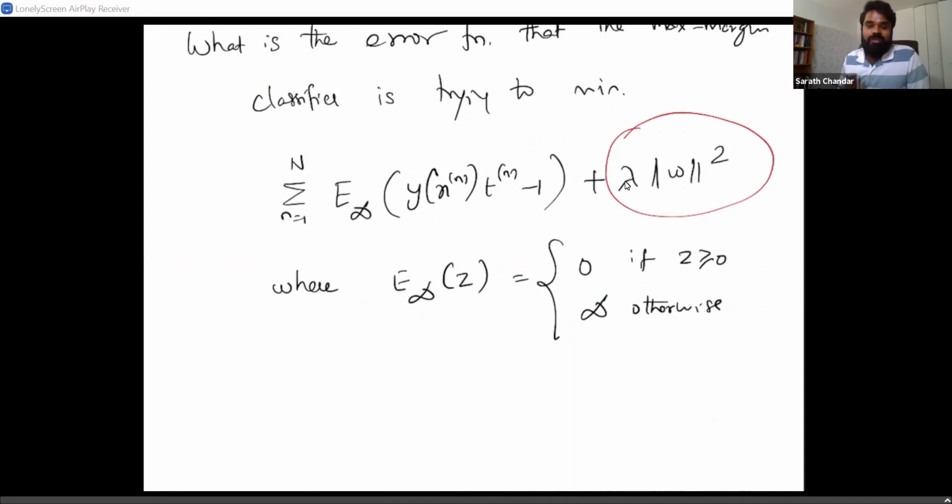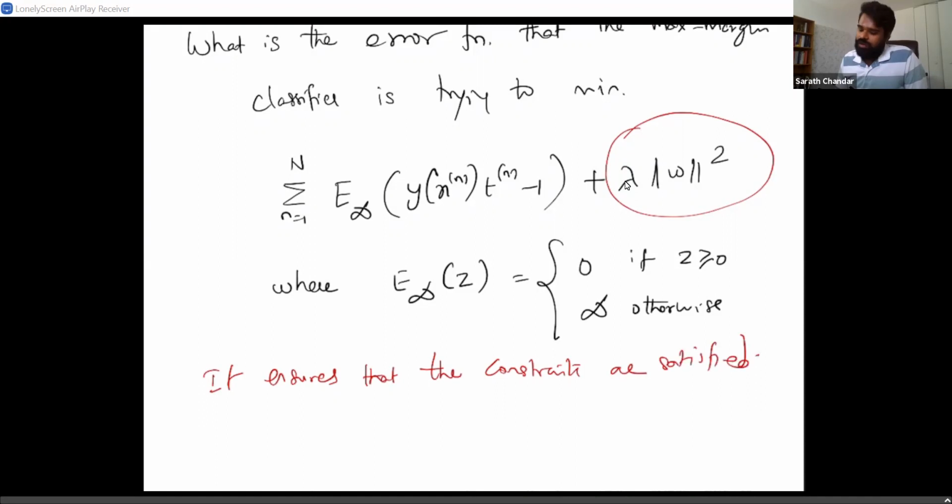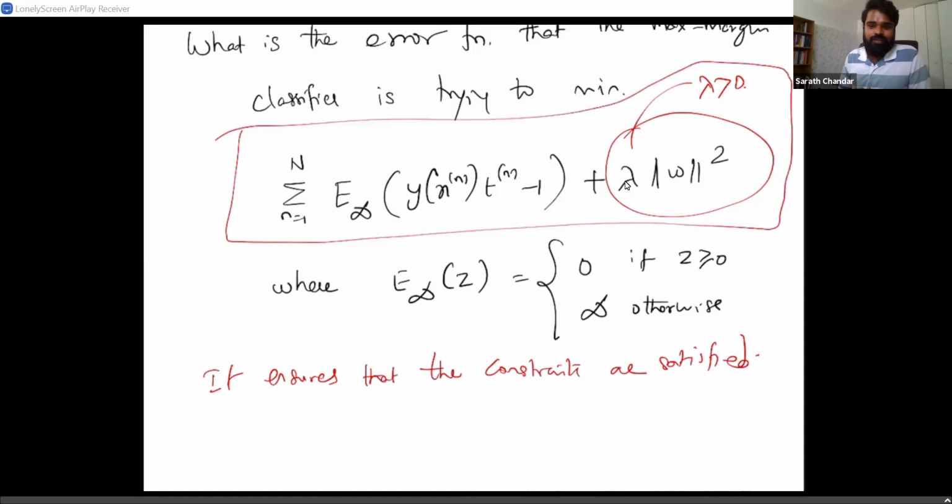It is going to be infinity whenever the constraint is not satisfied, and when the constraint is satisfied, it is 0. So it ensures that the constraints are satisfied. Note here that the value of lambda doesn't matter, as long as lambda is greater than 0. We will come back to this error function again, probably towards the end of this lecture.